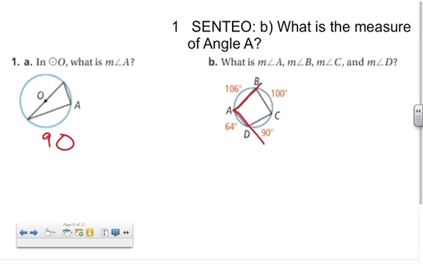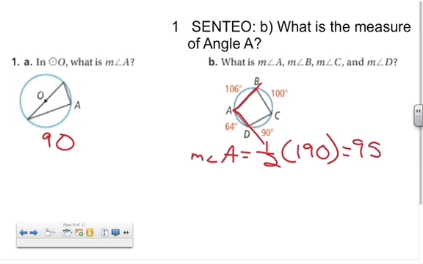Okay. So angle A is intercepting this 190 degrees. So the measure of angle A is half of that 190, giving me 95. And then you're going through that same process for angles B, C, and D. Angle B, what arcs is angle B intercepting?